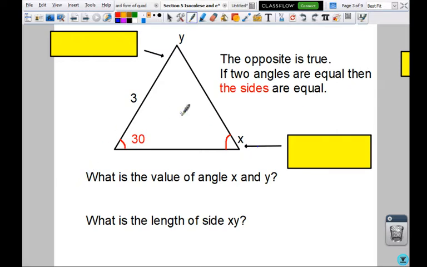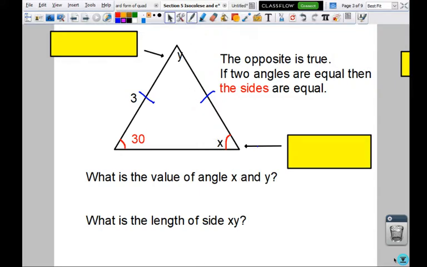If I have two angles that are congruent, so for example, I have 30, and then I've got this angle x over here, then the sides are equal also. Because I have these two angles, I know I have two sides. I kind of messed this up earlier. I was moving these around, and these letters should actually be inside here to show these angles.